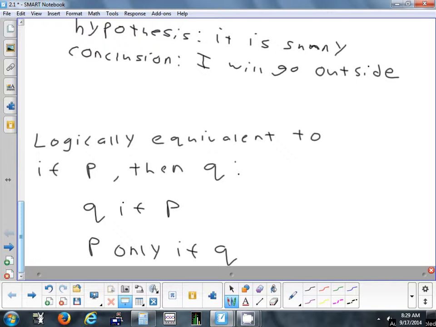Because what I just did there is I took the if-then form, but I switched the hypothesis and conclusion. You might say, well, didn't you do that here, Q if P? No, there's no then there. Taking out the then makes it very different. As we go through this, I'm going to be particular on how you say it or how you write it. So any questions on these three different ways to say the same thing?